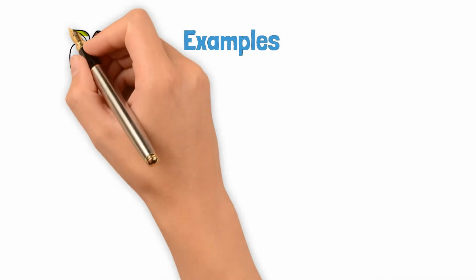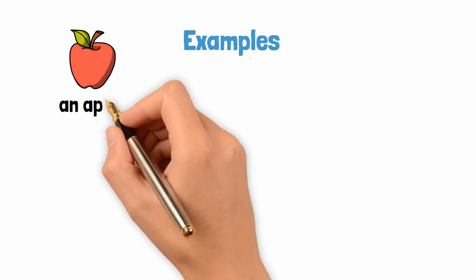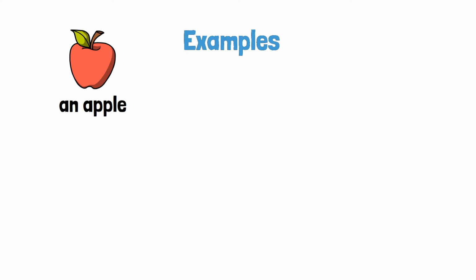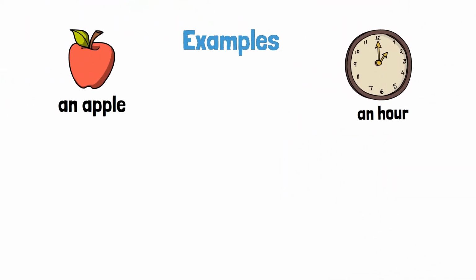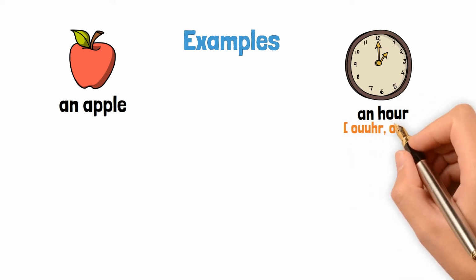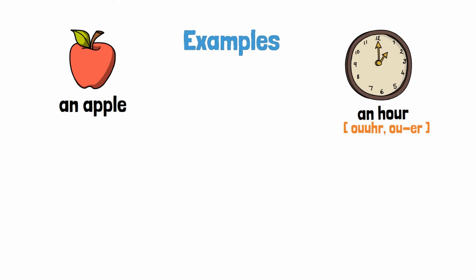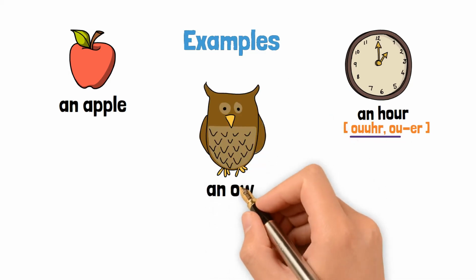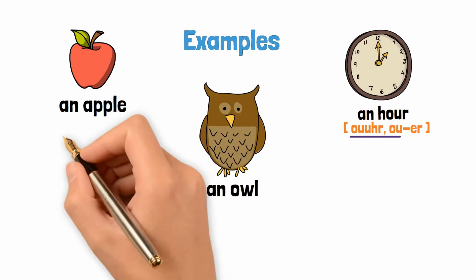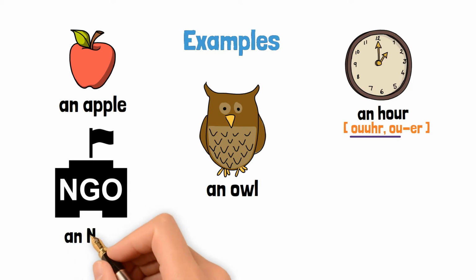Examples: an apple, an R. Although the word R begins with a consonant, it starts with a vowel sound. An owl, an NGO.